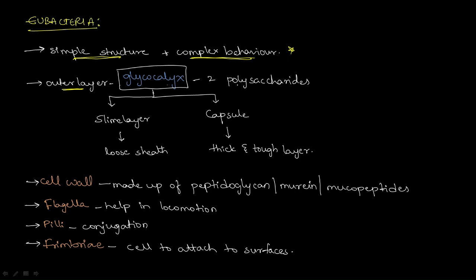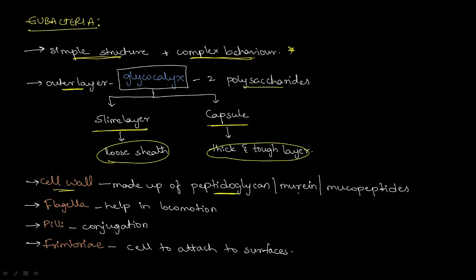This glycocalyx layer is made up of polysaccharides. If it is a loose sheath, then it is a slime layer. If it is tough and thick, then it is a capsule. The cell wall of eubacteria is made up of peptidoglycan or murein or mucopeptides.